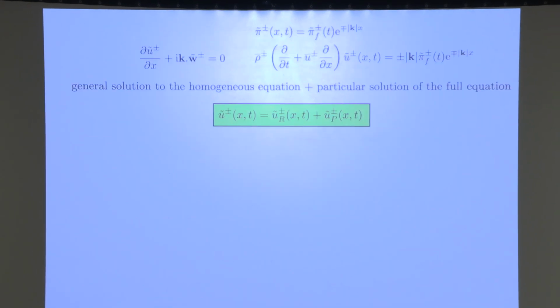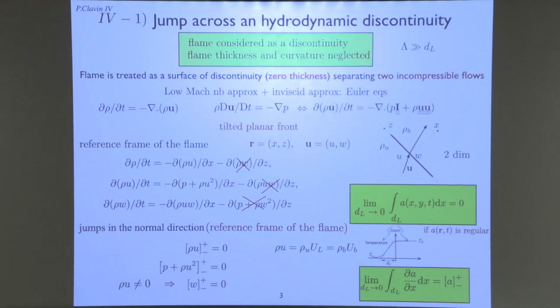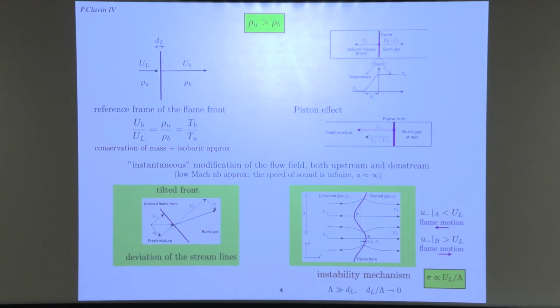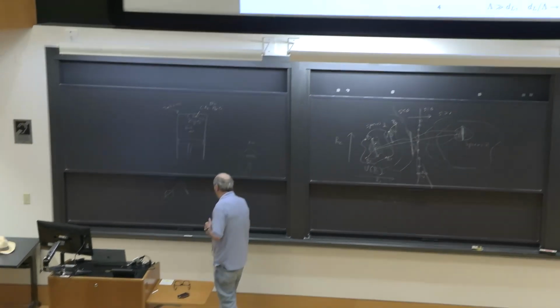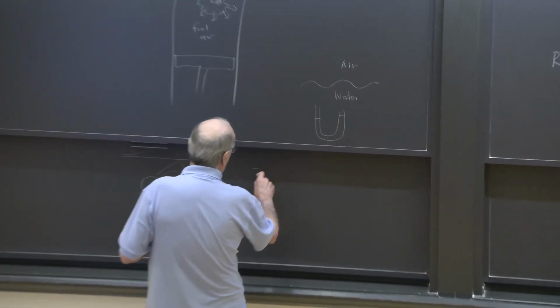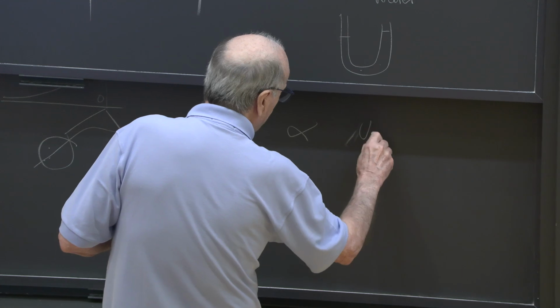Let me remember. No, it is before, yes. Here. No. Okay. Remember that I showed you a simple explanation of the fact that it is going to be unstable. So the real part of sigma should be positive. And now you know by dimensional analysis that sigma should be proportional to ULK.